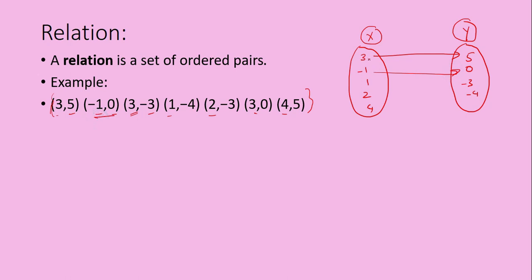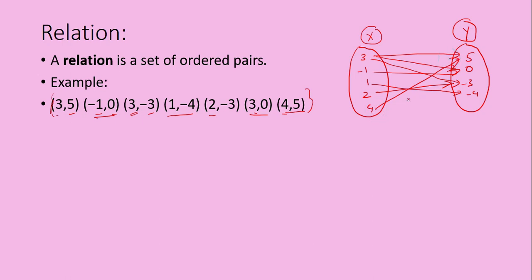Third, 3 is mapped to minus 3. Fourth, 1 is mapped to minus 4. 2 is mapped to minus 3. And 3 is mapped to 0. 4 is related to 5.